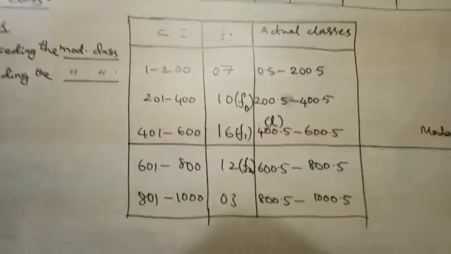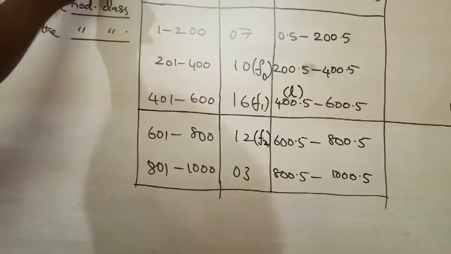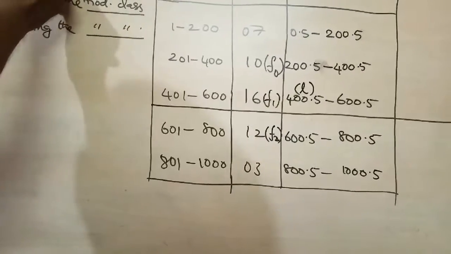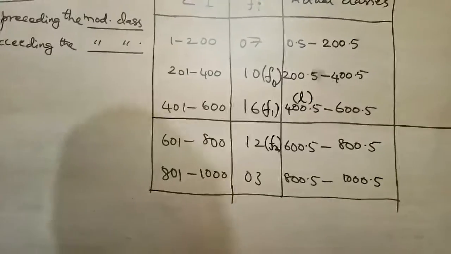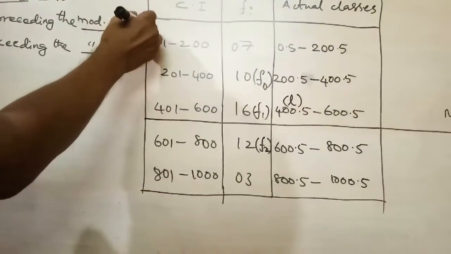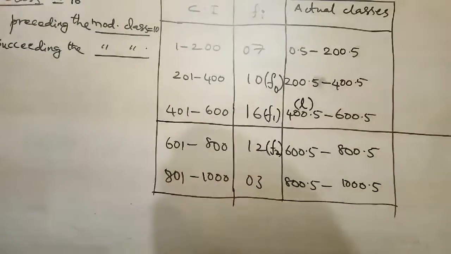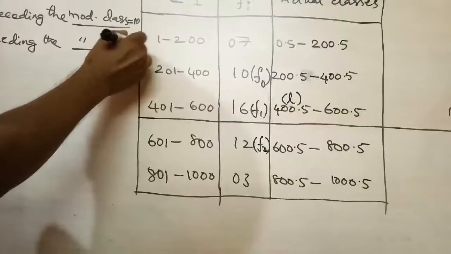Here L is 400.5, F1 is 16, F0 is 10, and F2 is 12.